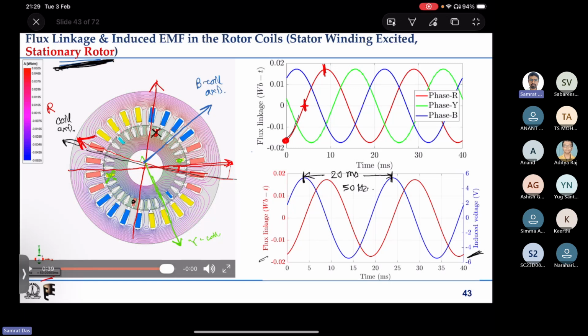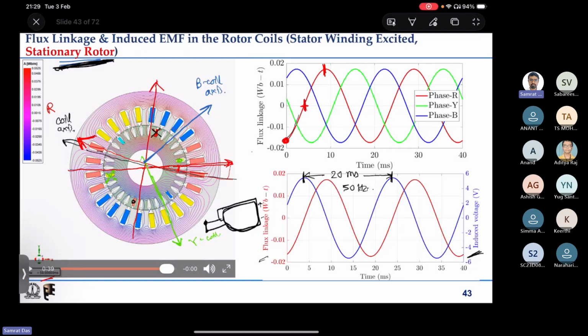If the coils are shorted, let's say if this is one coil with two terminals and I make the two terminals short, there is some induced EMF in the coil, so there will be some current, right?